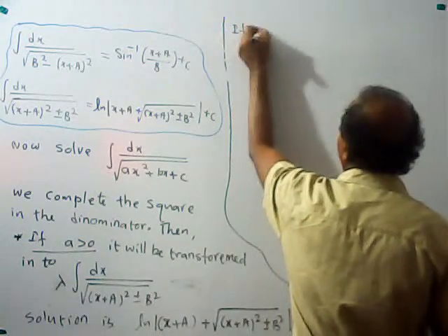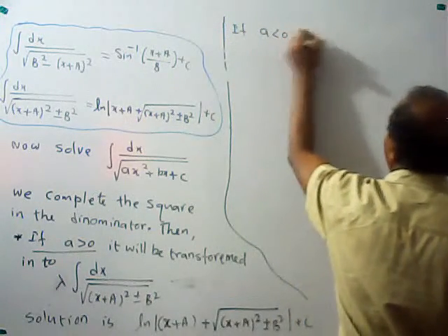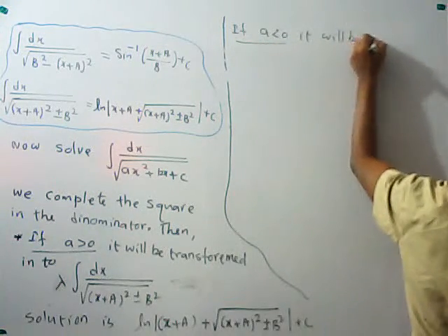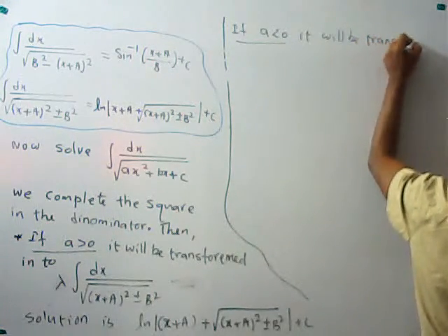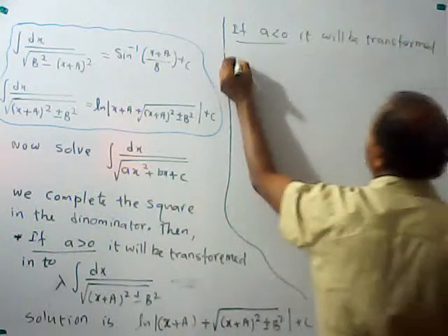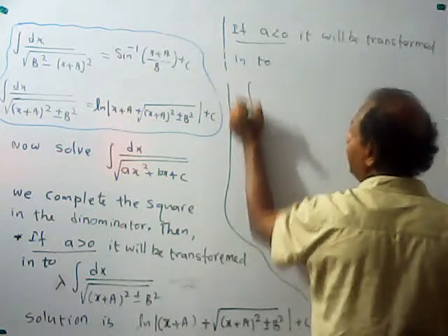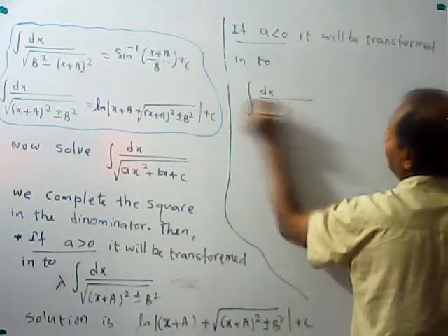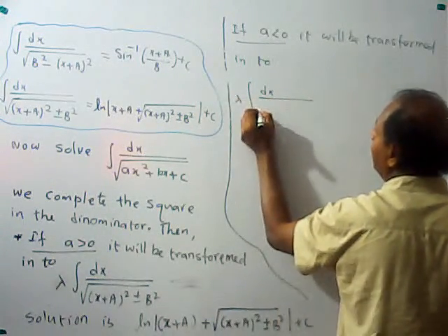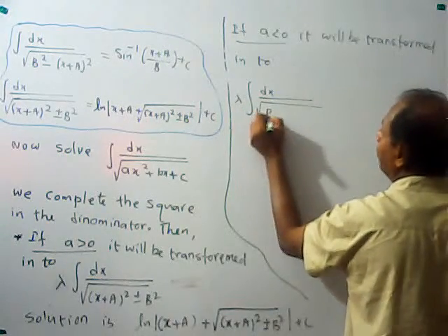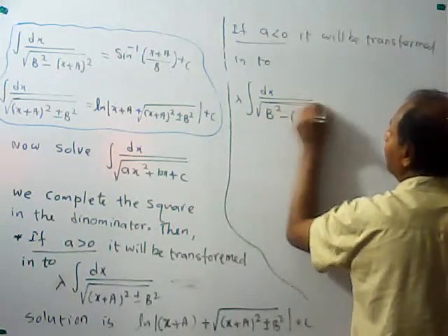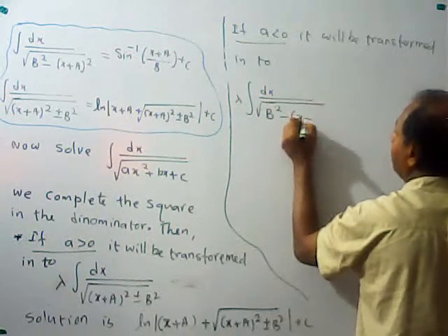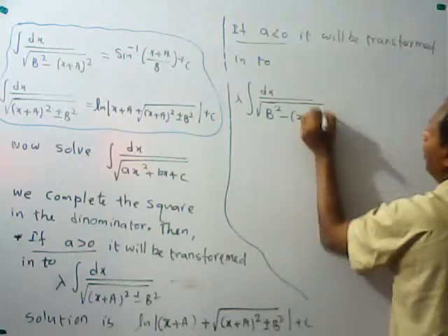If a is negative, it will be transformed into something like this: dx over the square root of b squared minus (x plus a) squared, with some constant outside.